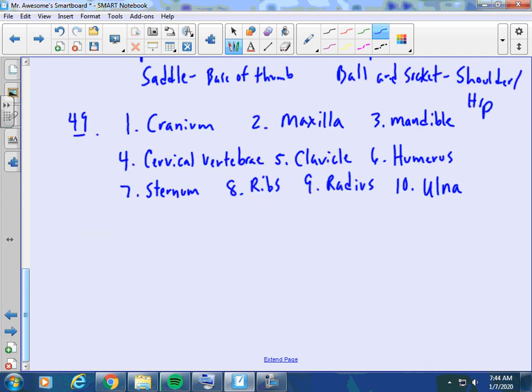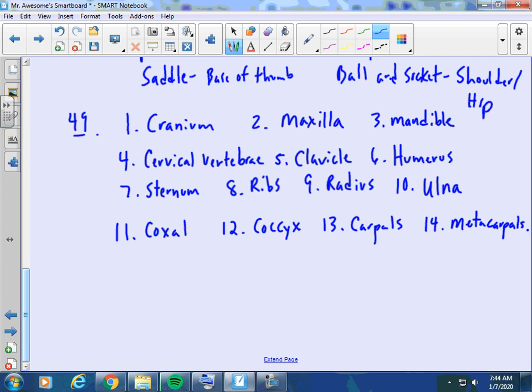All right. Number 11, this is your coxal bone. Number 12 is what's called the coccyx. Number 13 is going to be your carpals, the wrist. And then 14 in the hands, metacarpals.